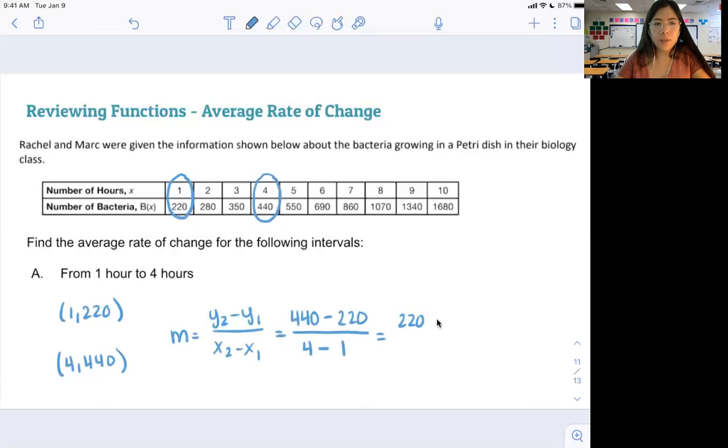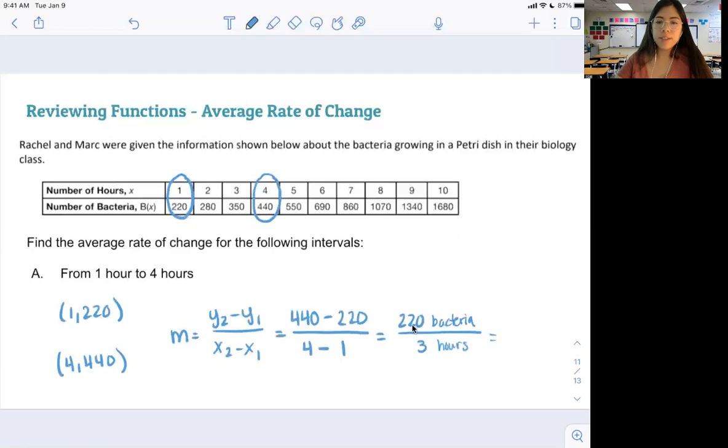Now let's do the units real quick. This would be 220 what? Bacteria, good. 4 minus 1, I get 3, and then that would be 3 what? Good, hours.